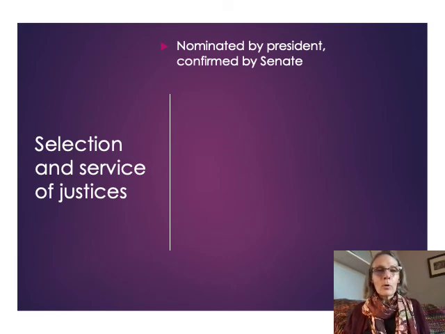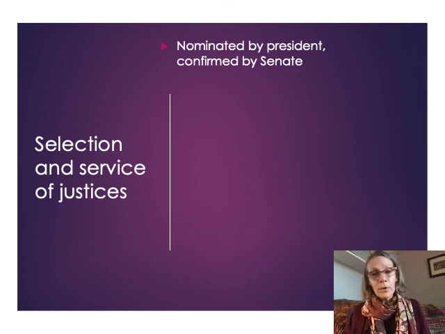Oftentimes for the Supreme Court, that nomination and confirmation process is really heated and it gets a lot of attention. But the nomination and confirmation of the lower federal court justices don't usually get a lot of attention. The reason that the president nominates somebody to the federal bench is because there is a vacancy. And that vacancy could come through death.